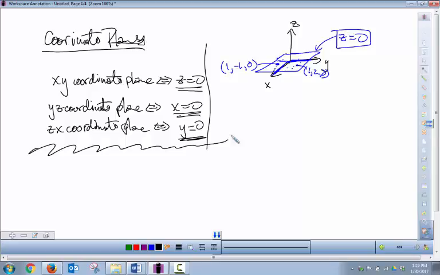Let's take another look at maybe something that's not 0. What if we take a look at z is equal to 1? So give me some examples of points that would be on this z is equal to 1 relation. 0, 0, 1. 2, 3, 1. 4, 2, 1.